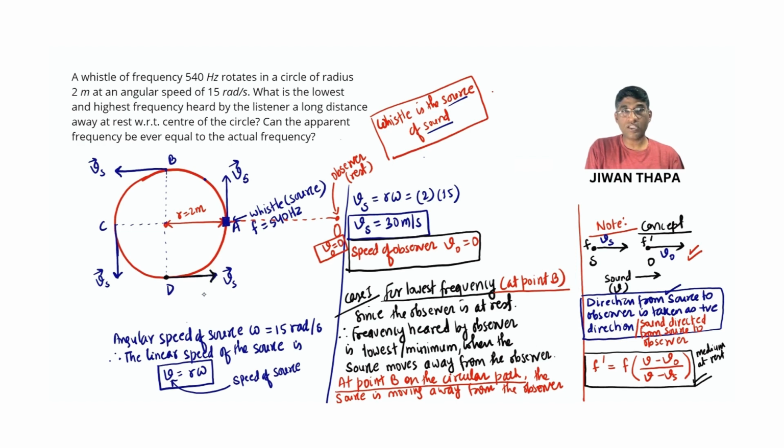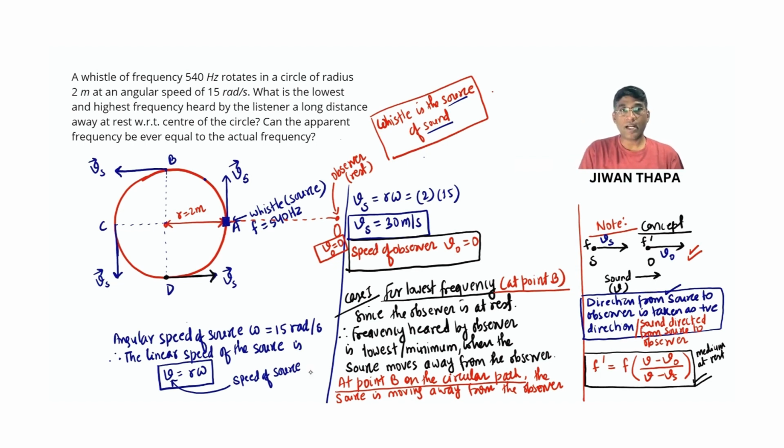So this is the direction of velocity of source. At point D, the source is moving towards the stationary observer, due to which the frequency heard by the observer appears to increase, or the observer appears to hear more.